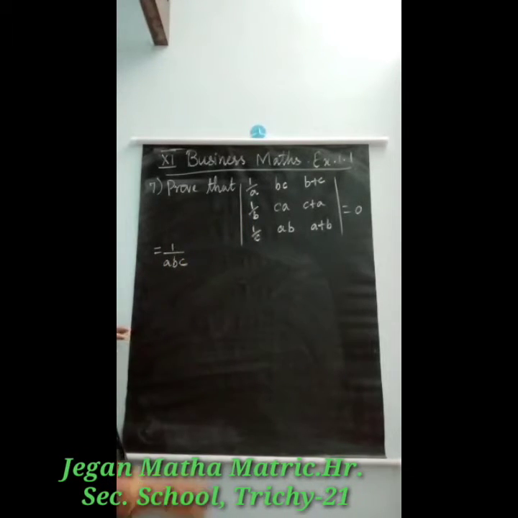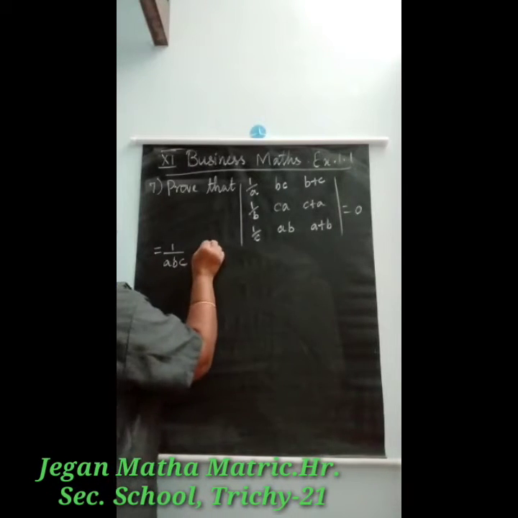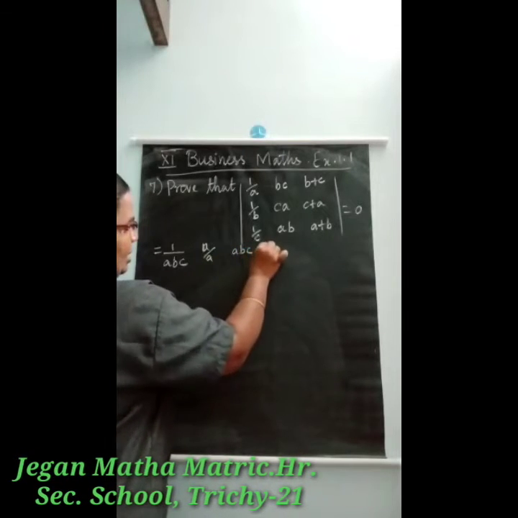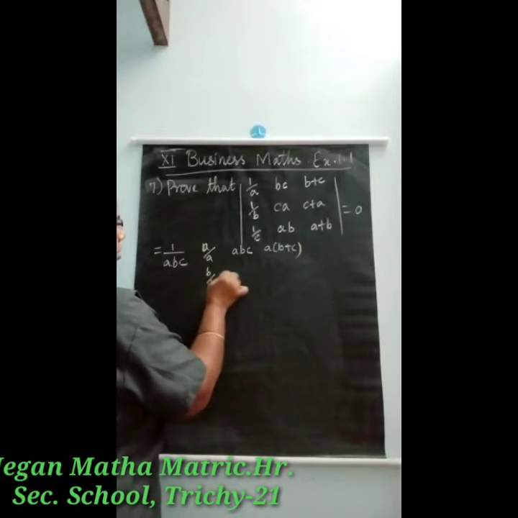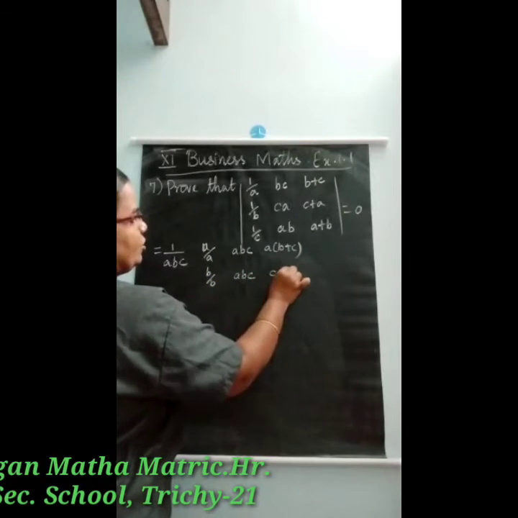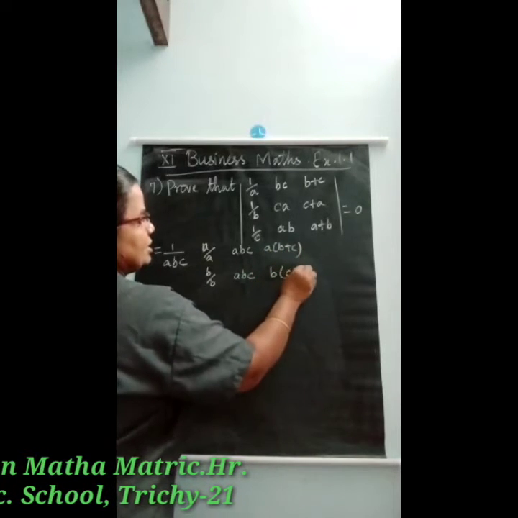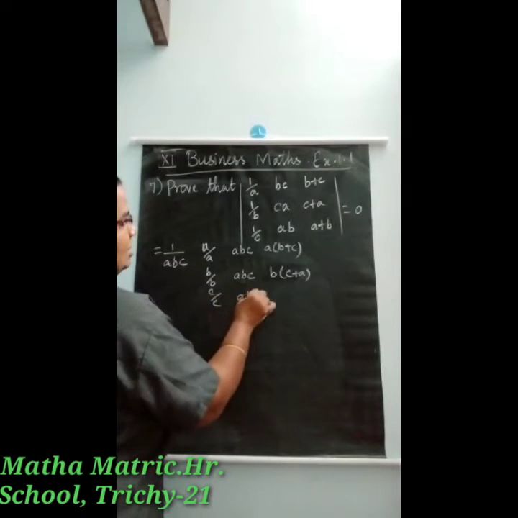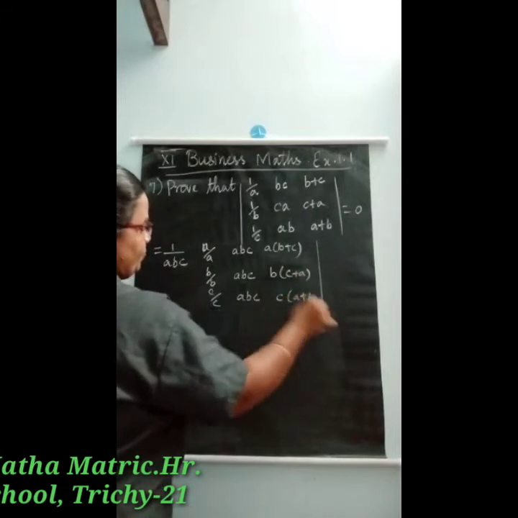So multiply R1 by a means this is 1, a cancels, so a by a, abc and a into b plus c, and b by b, abc and b into c plus a. Third one c by c, abc and c into a plus b.